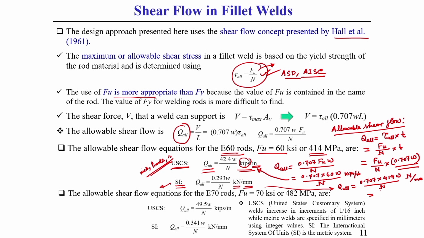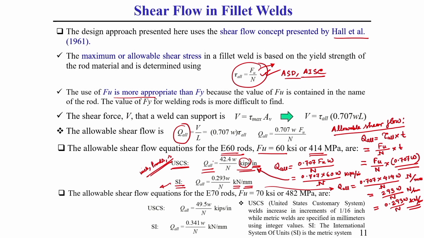Once you convert this into kilo Newton, it gives us 293 W by n Newton per millimeter, which becomes 293 W by n in kilo Newton per millimeter.